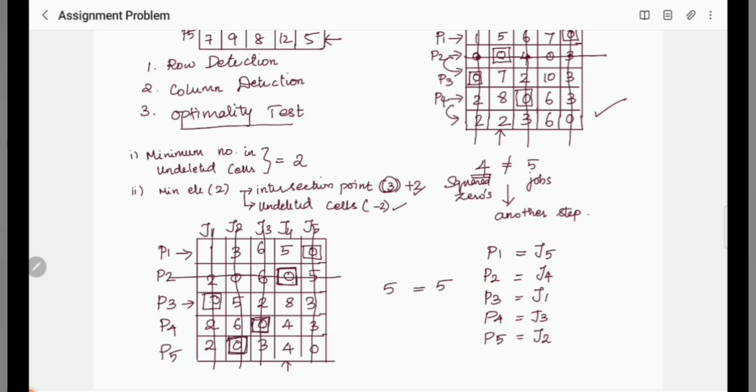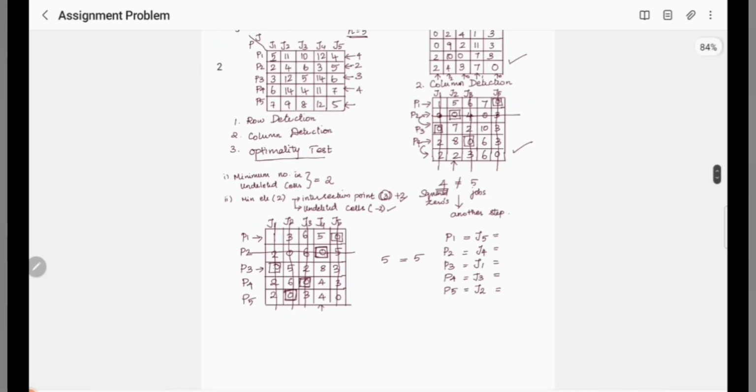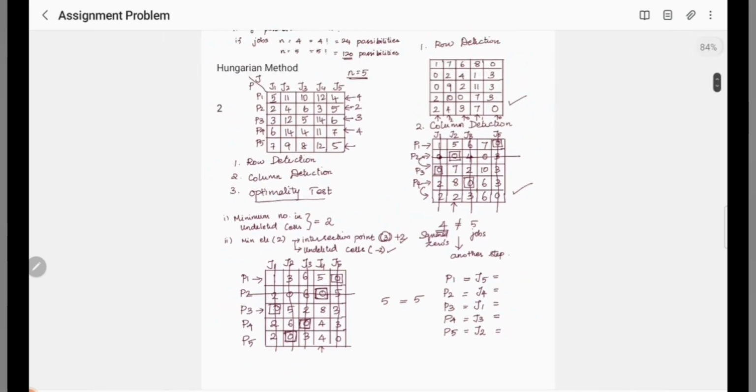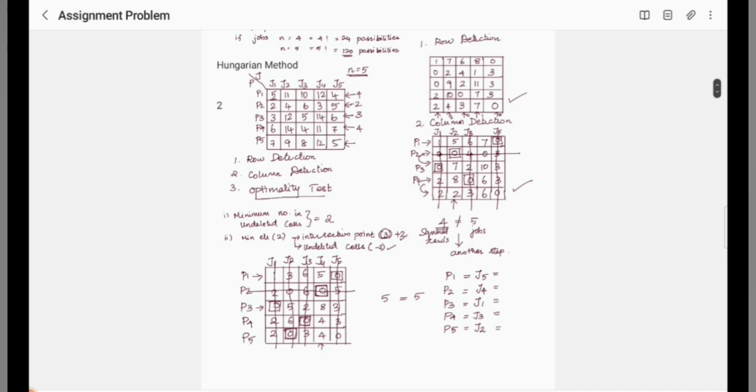After which we have to estimate the total number of hours. We have already assigned the persons to the jobs. Now we have to go ahead with the total number of hours alone. These hours can be computed from the initial matrix which was given in the question. For person 1 doing job 5, he takes 4 hours.